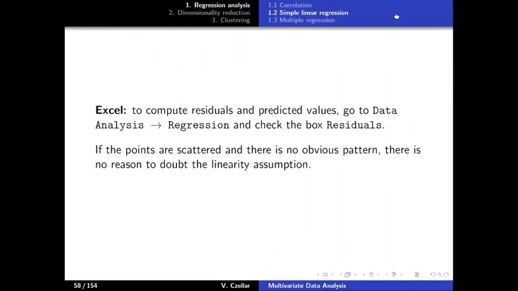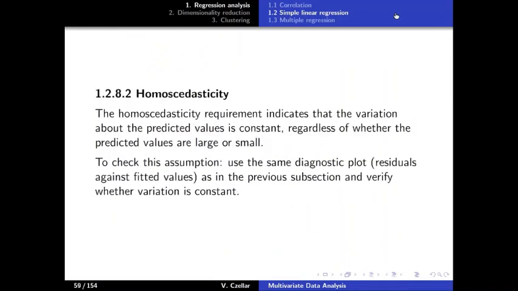Now, this is how we can do it in Excel, what I illustrated. Now, how to check the homoscedasticity assumption? Well, how convenient, I can use the same diagnostic plot to check this assumption.